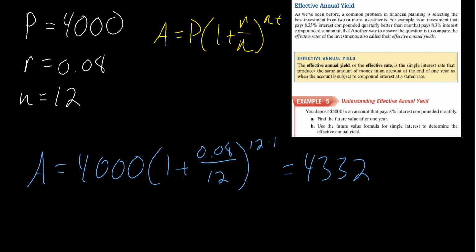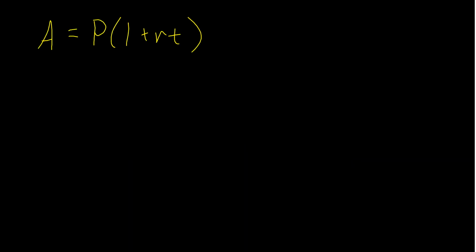If I wanted to find the value after 1 year that pays 8% interest compounded monthly, I want to figure out what would be the simple interest of a normal account that would match getting this return. So I'm just plugging everything in, trying to figure out the rate now.